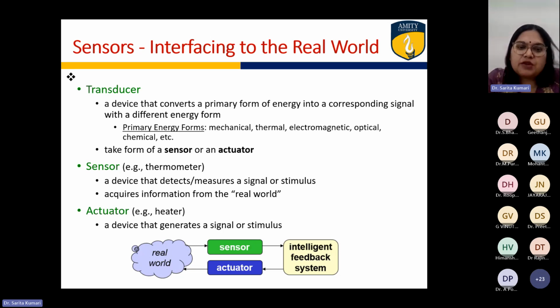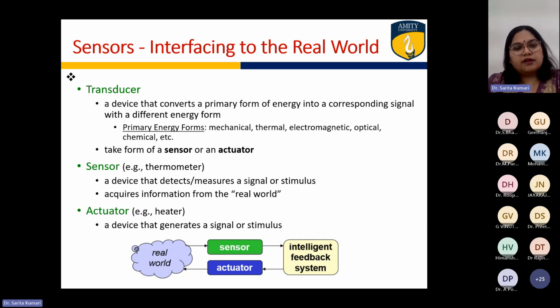That is an analog kind of thermometer. But there are different thermometers. In fact, post COVID, everybody is using digital thermometer or IR thermometer. The digital thermometer will give you the digital output, but again you have to place the sensor or the thermometer in contact with the body. But when we talk about IR thermometer, it does not require physical contact with the human body or the surface where you want to measure the temperature.